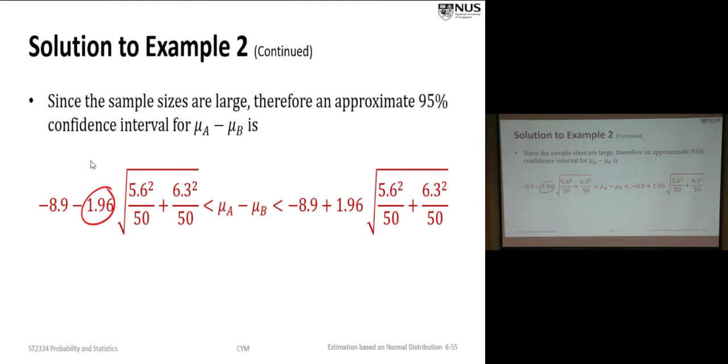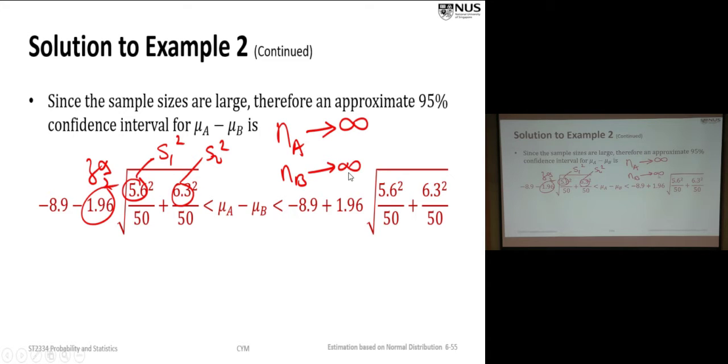I still use Z alpha over 2. Remember, NA is big and NB is big. In fact, it's not that big, it's only 50 for each one. So we simplified it.